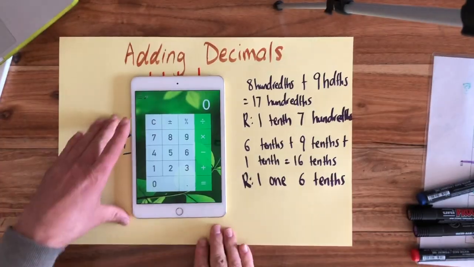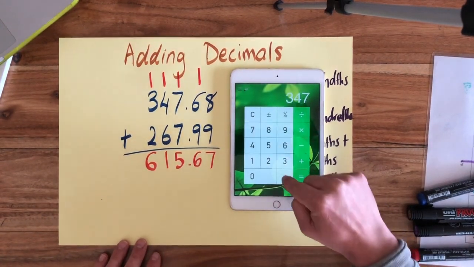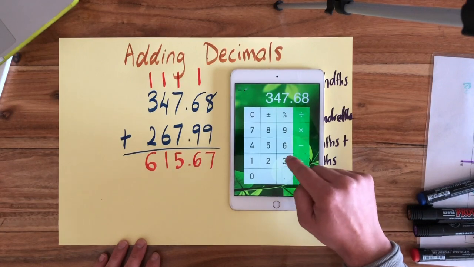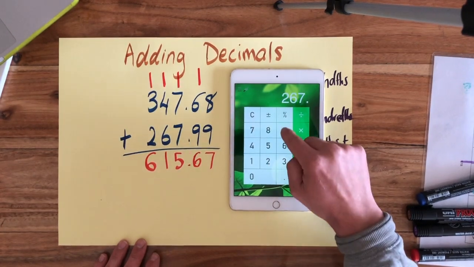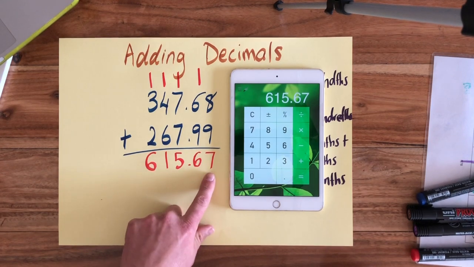Here we go. Check my answer, 347 and 68 hundredths plus 267 and 99 hundredths gives me 615 and 67 hundredths.